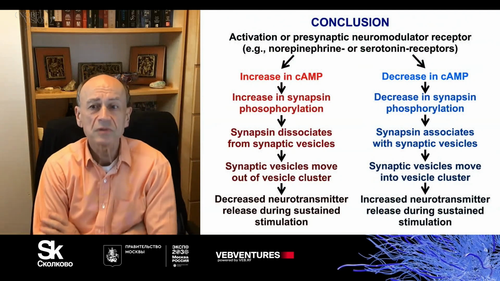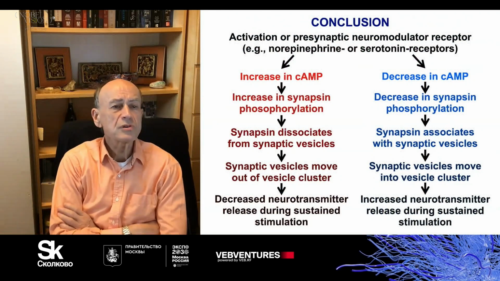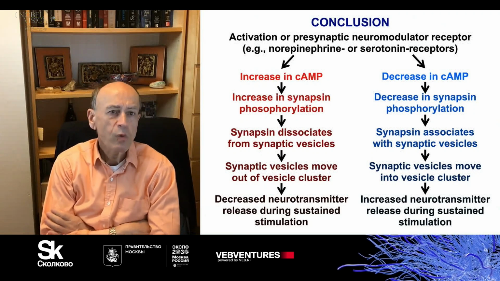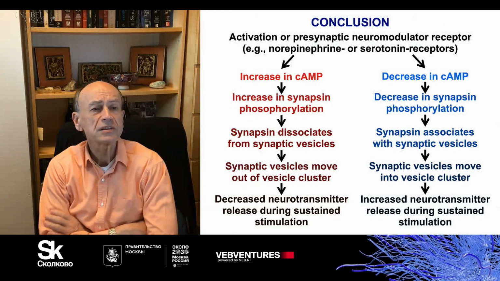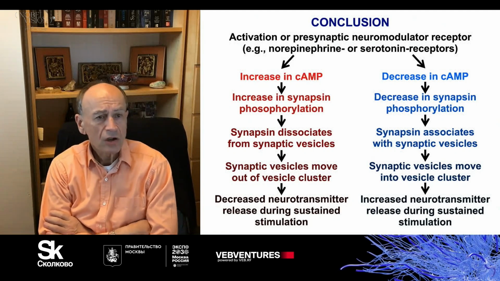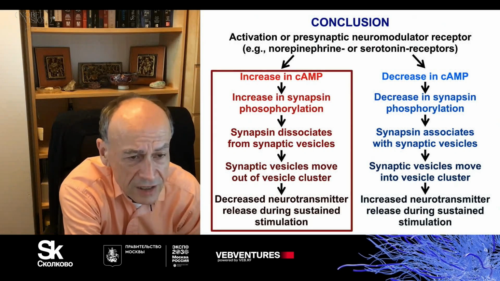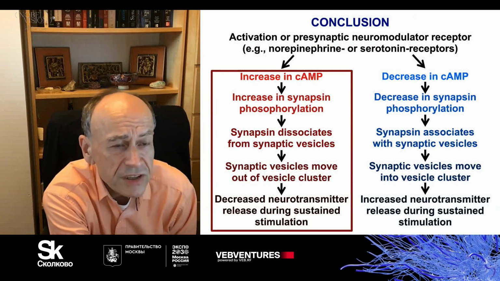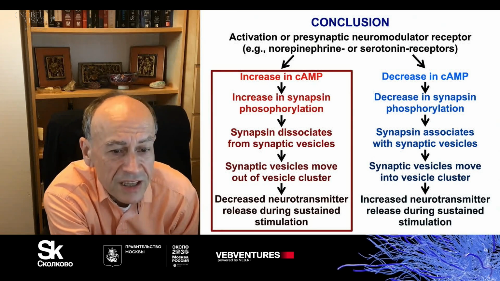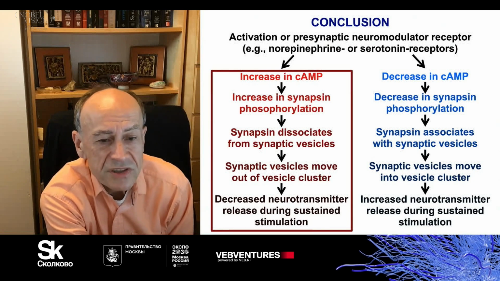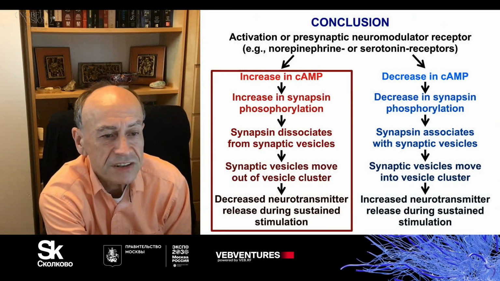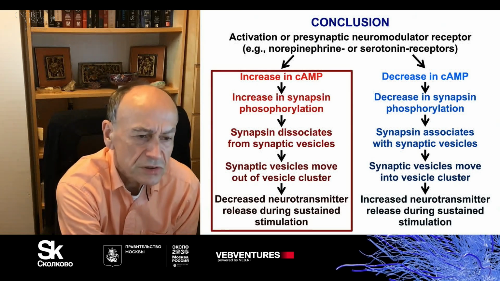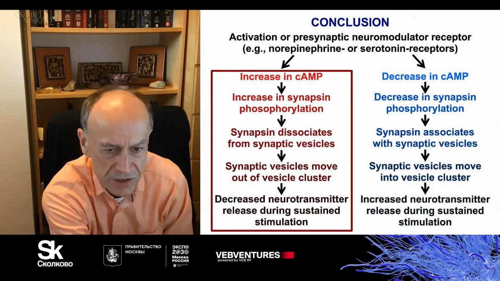We observed a novel pathway of regulation whereby presynaptic neuromodulator receptor activation causes an increase in cyclic AMP, such as, for example, produced by serotonin. This induces an increase in synapsin phosphorylation. Synapsin dissociates from synaptic vesicles, vesicles disperse from the cluster, and there's decreased neurotransmitter release during sustained stimulation.